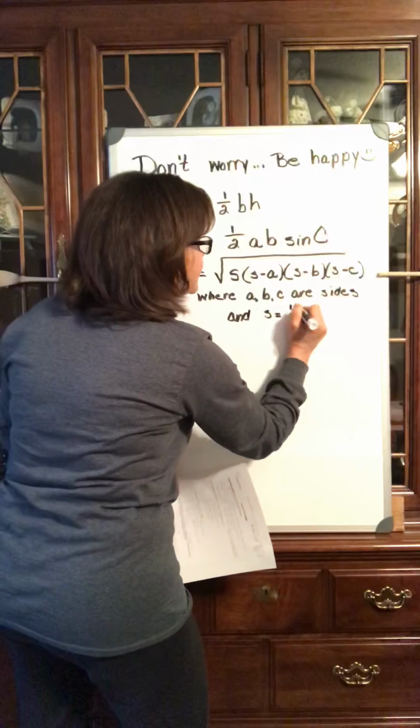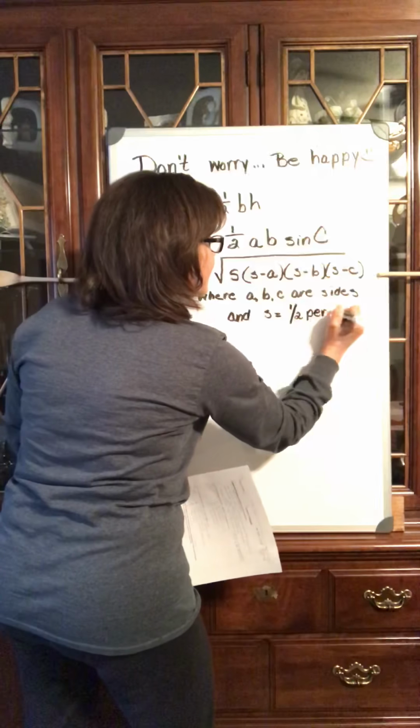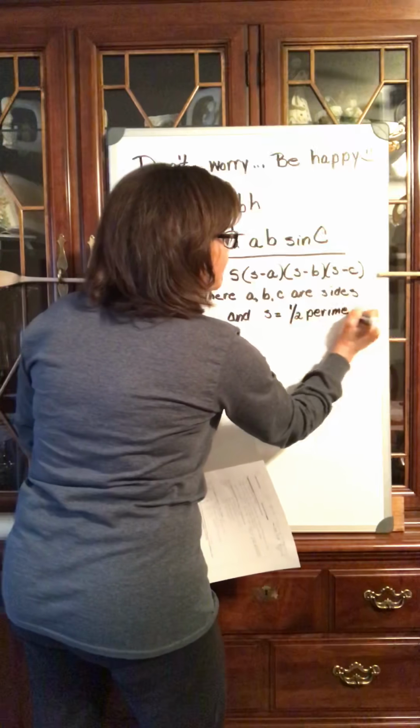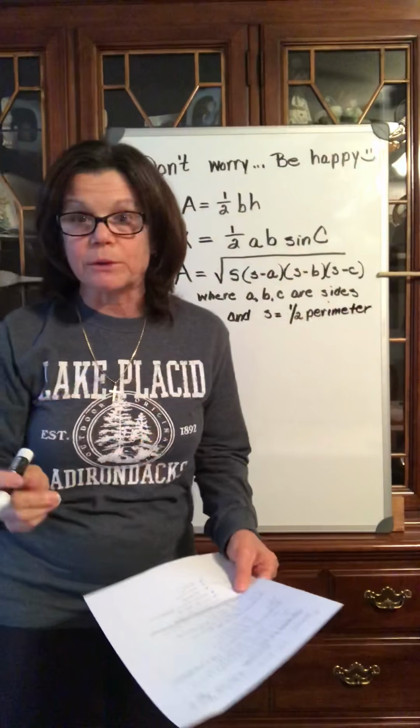So you would add up the sides, find the perimeter, and then take half of that. This is probably the easiest lesson in the whole trig chapter.